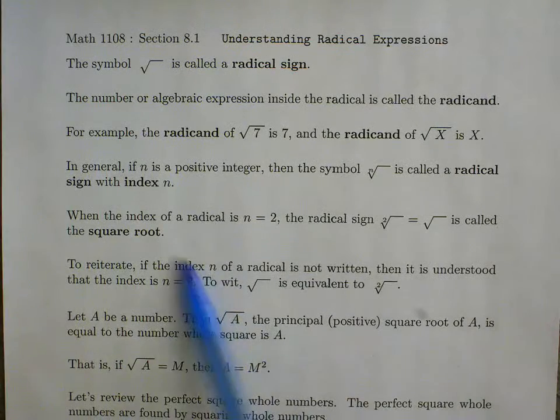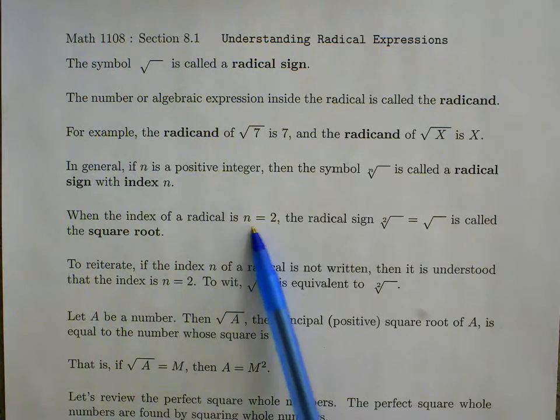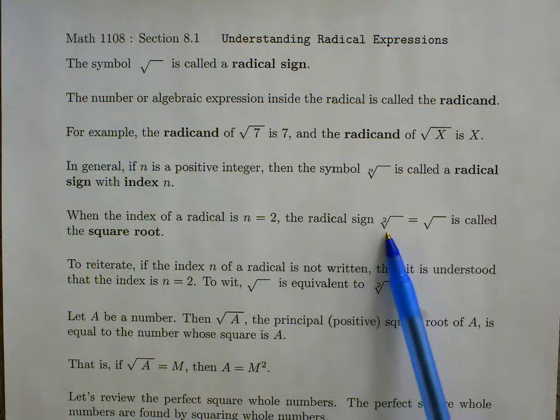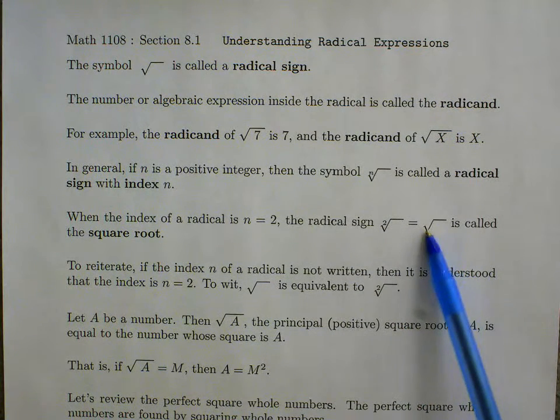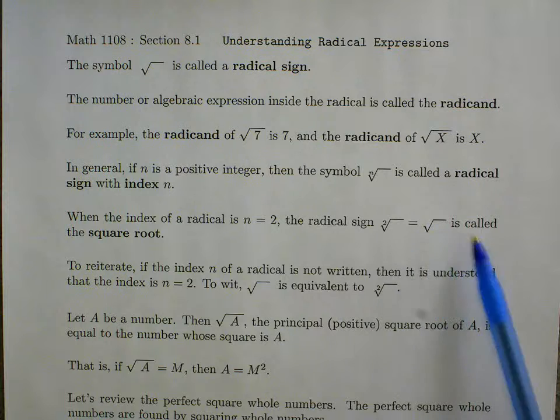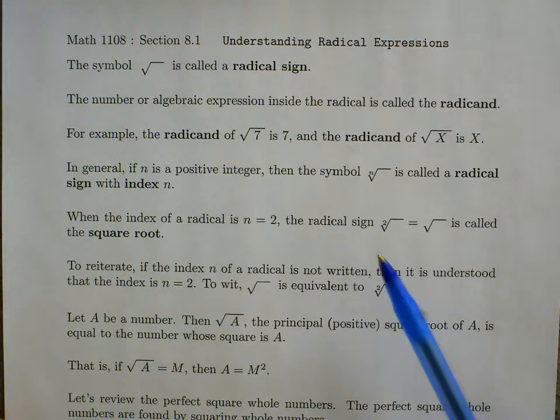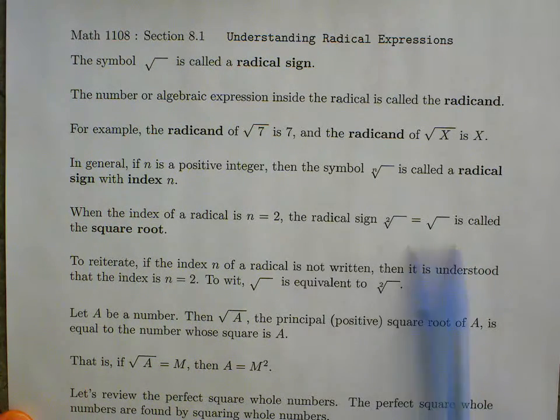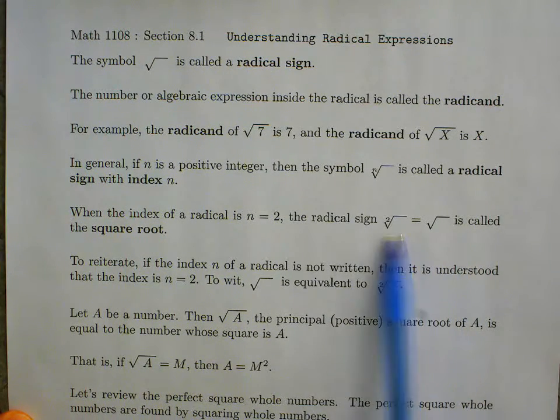When the index of a radical is n equals 2, then the radical sign with a 2, or with no integer at all, is called a square root. Or a radical sign with index 2.